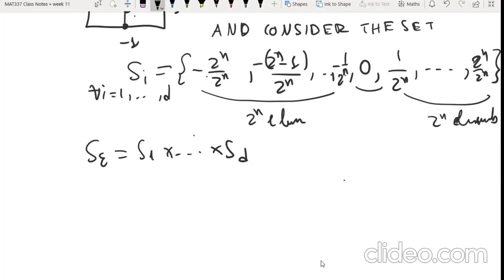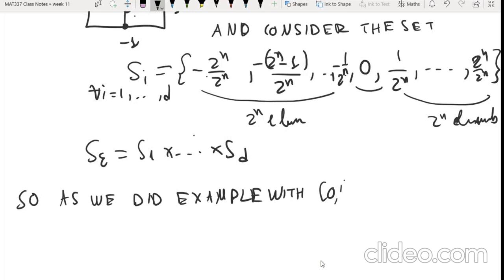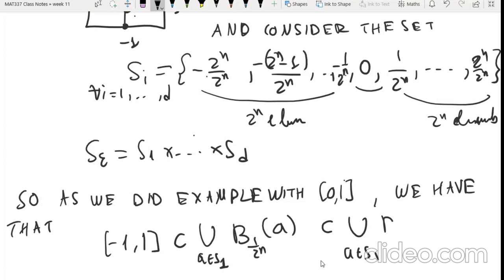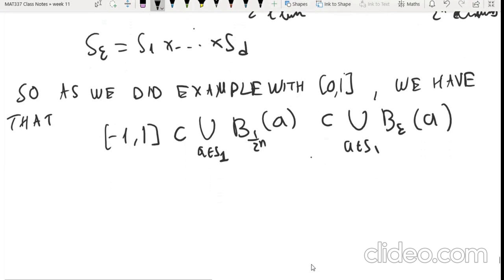Okay, fine. So then, as we did in the example with 0, 1, we have that -1, 1 is inside the union of balls around S1, and they all have radius 1/2^n. But epsilon is bigger than 1/2^n, so you write epsilon here. And now repeat the same thing for all coordinates.